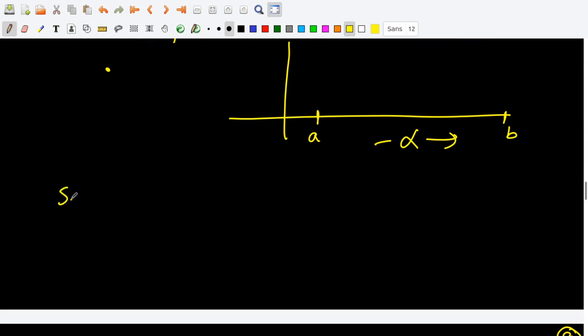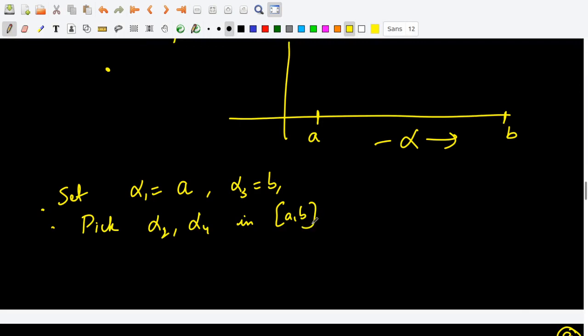So we set alpha 1 equal to a, alpha 3 equal to b, and we pick two alphas and evaluate f at these two points.